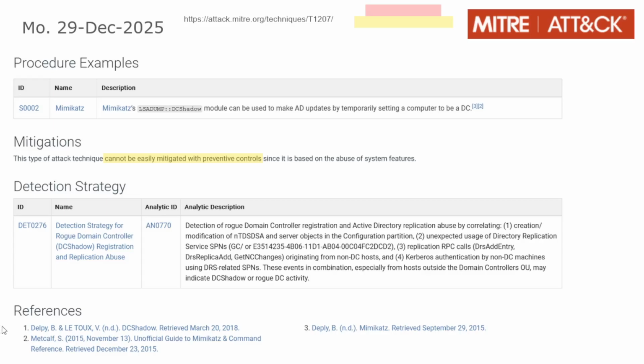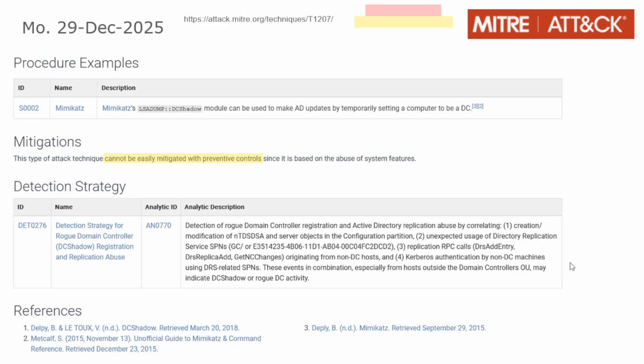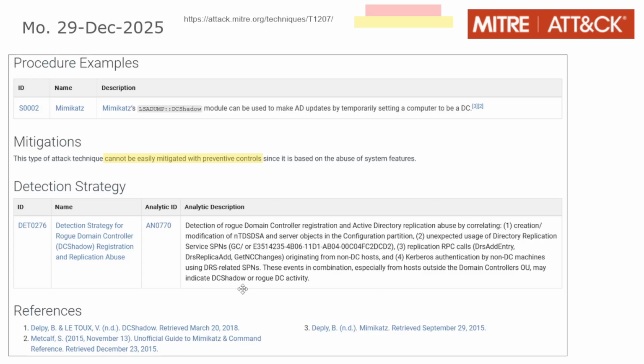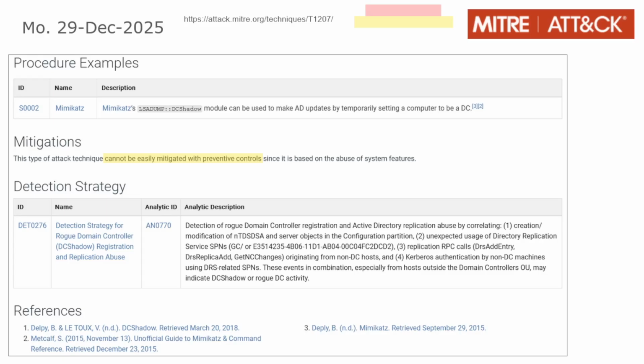They have Delpy, DCShadow, then Metcalf, unofficial guide to Mimikatz, okay, and Delpy, Mimikatz. Doesn't endpoint detection detect that kind of stuff? Isn't there some CrowdStrike, McAfee, Symantec stuff going on that can protect you from this? Maybe not. But yeah, that's the full page already.